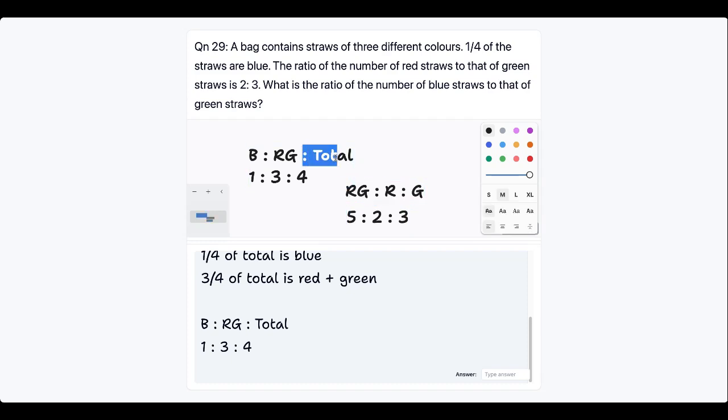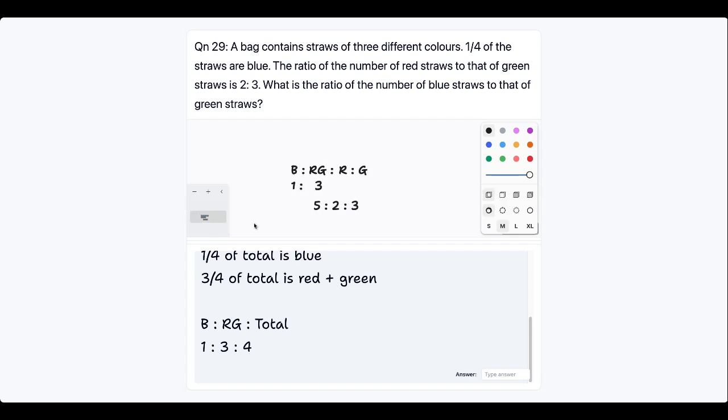So we can remove the total and the 4. That means we have a combination of the ratios. RG is 5 is to 3 as what you see over here. Now we have these two ratios.